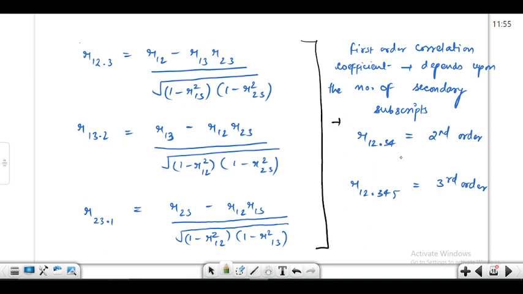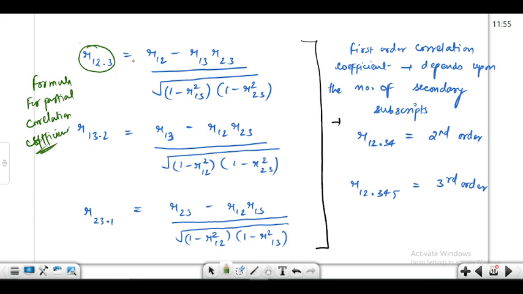So this is the formula to calculate the partial correlation coefficient. Mind the spelling here, please.